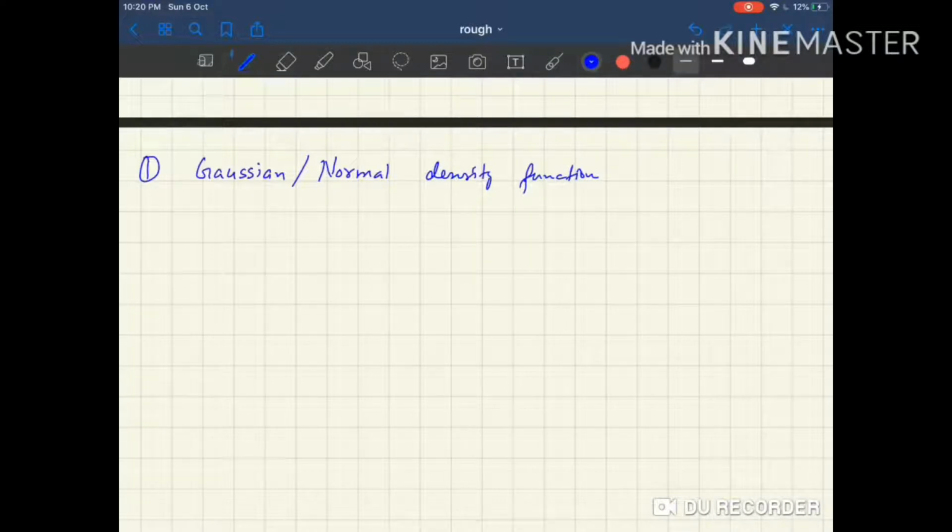This one is defined as P_U(u) equals 1 divided by square root of 2 pi sigma, times exponential of minus (u minus u mean) squared divided by 2 sigma squared.